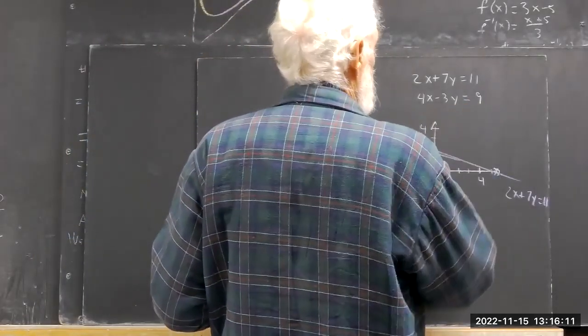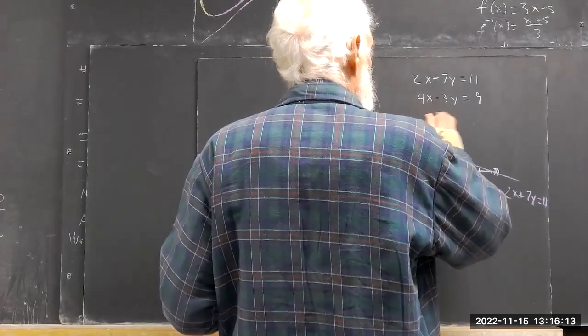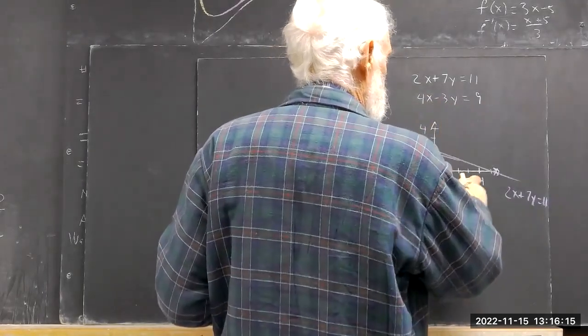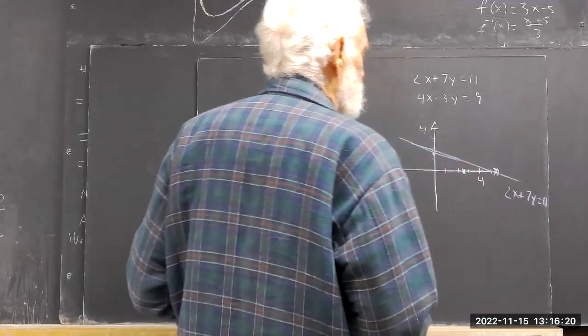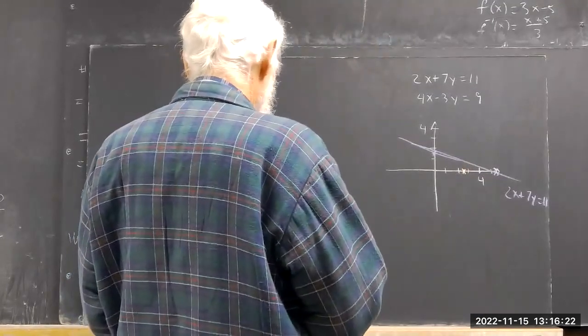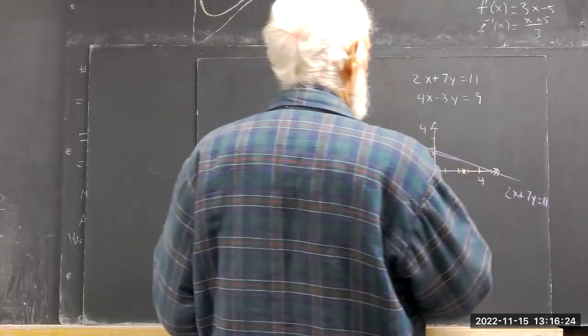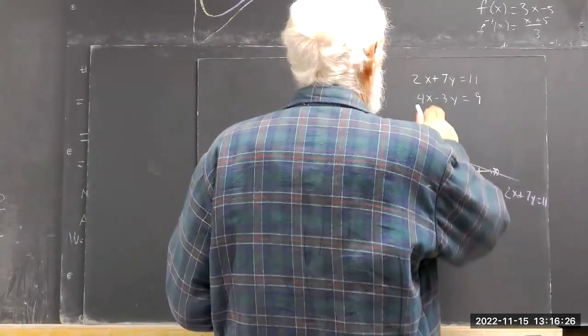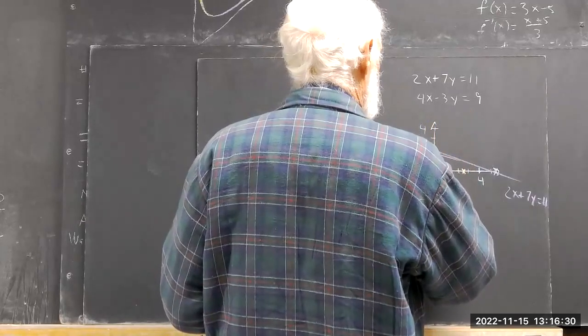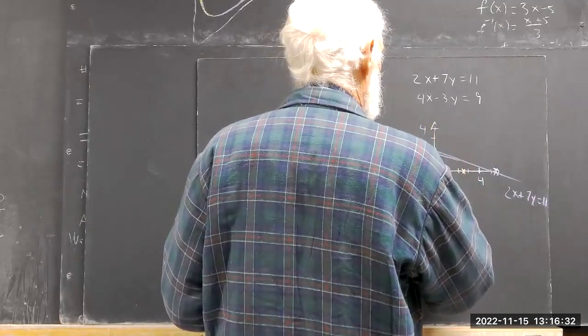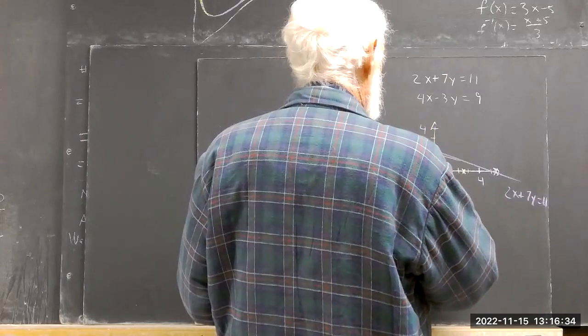This line has an x-intercept, y equals 0, at 9/4, which is 2.25. So, scale by 4 there, it occurs maybe about here. And the y-intercept when x equals 0, that's at y equals -3. So that might be about here.